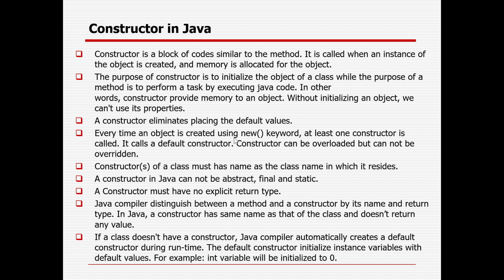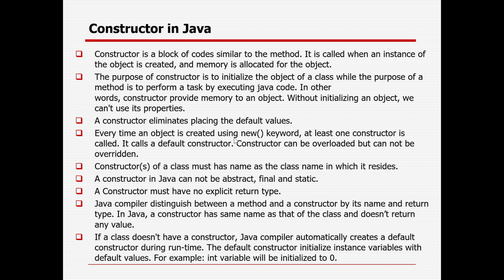The purpose of a constructor is to initialize the object of a class, whereas the purpose of a method is to perform a task by executing Java code. In other words, a constructor provides memory to an object. Without initializing an object, you cannot use its properties. But with a constructor, as and when you create the object or instance, automatically your constructor will be invoked. That is the important beauty of the constructor.